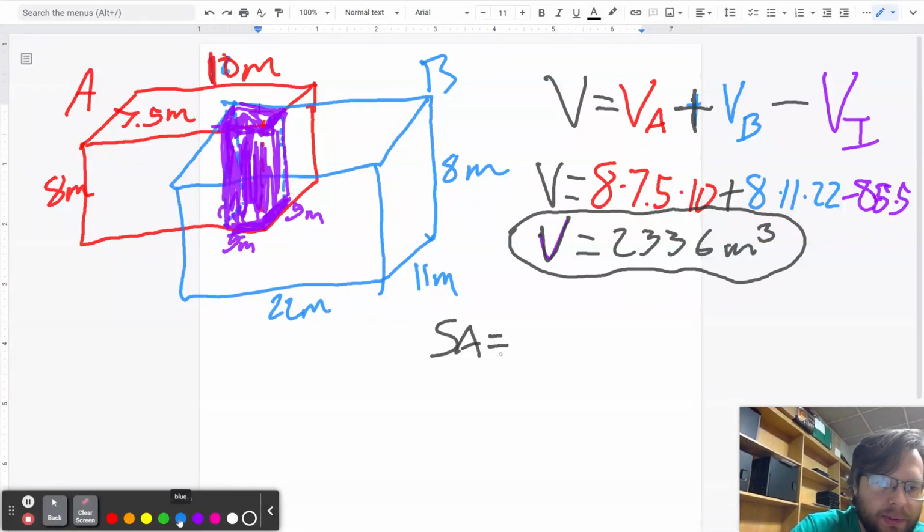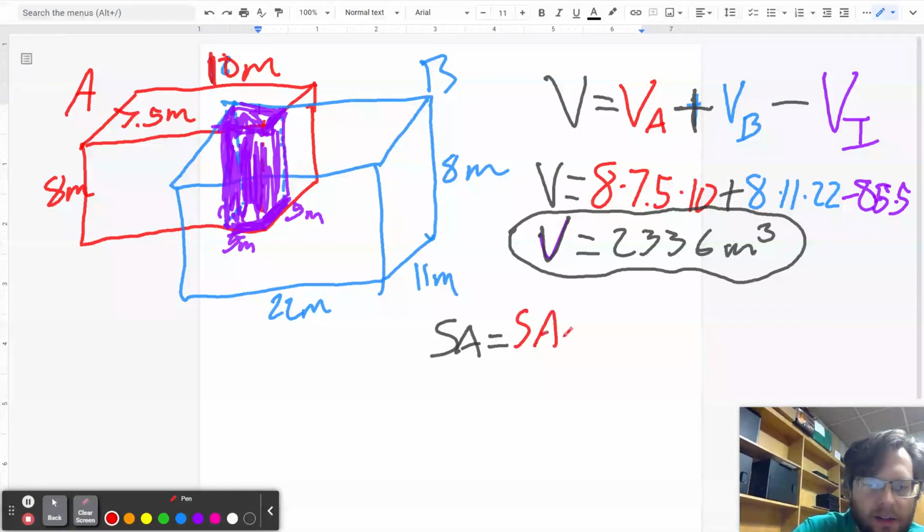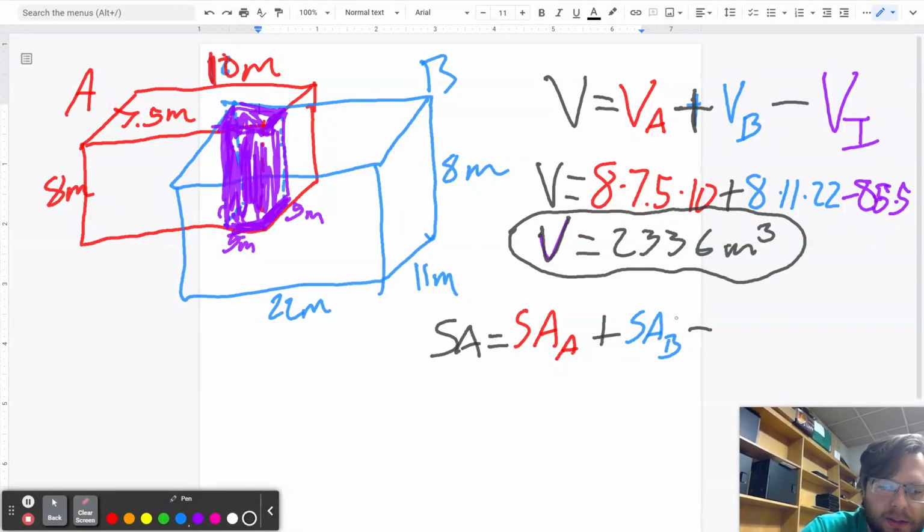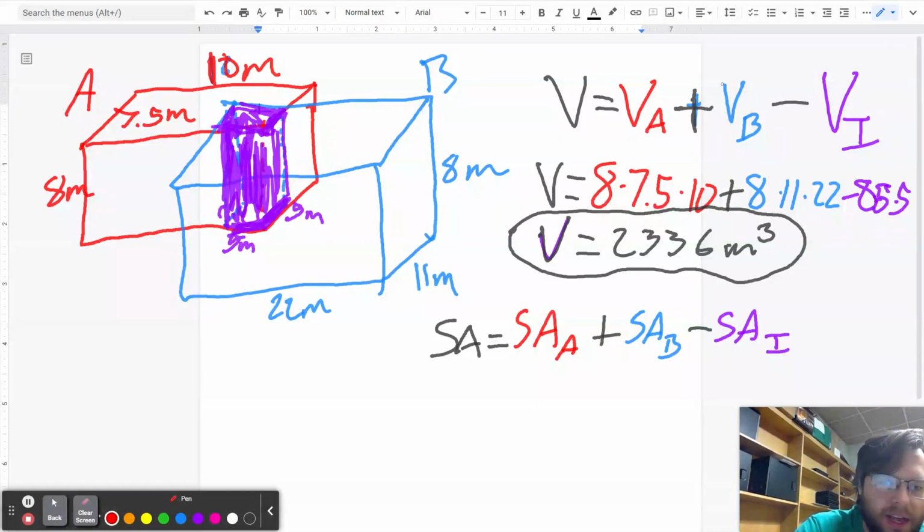So let's find the surface area of A, and then we'll add on the surface area of B, and then we will subtract the surface area of the intersection.